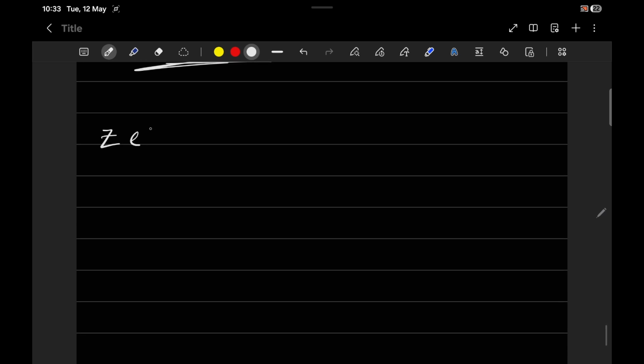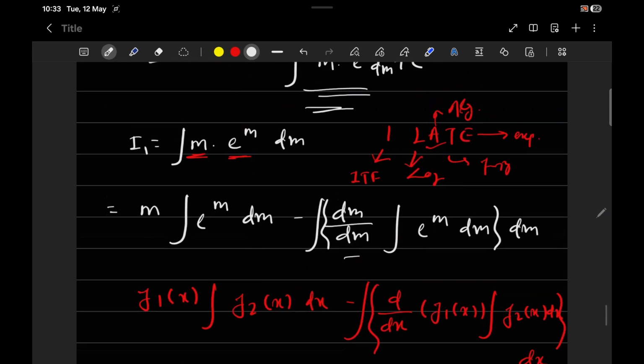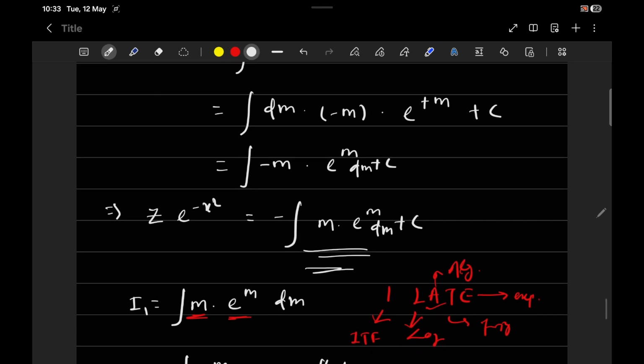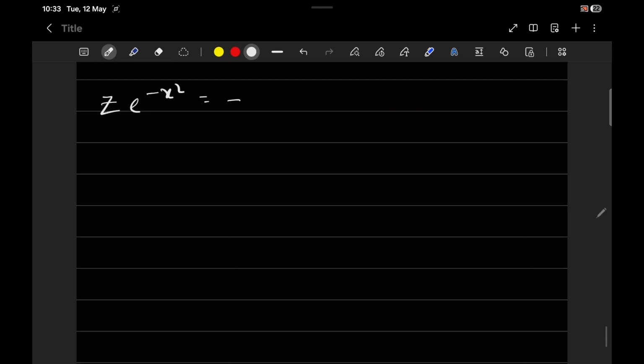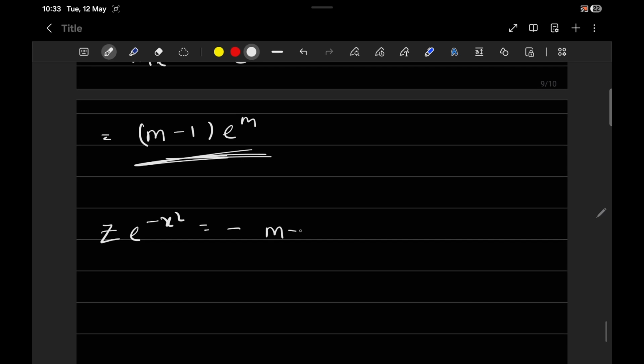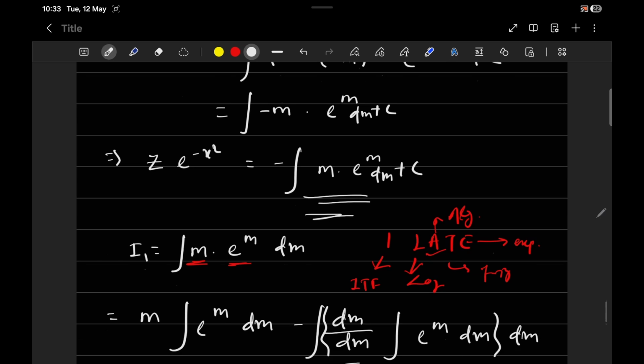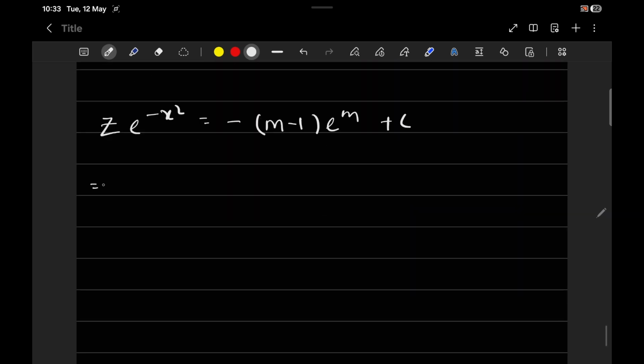So z e to the power minus x square is equal to minus of (m minus 1) e to the power m plus c, which is (1 minus m) e to the power m plus c.